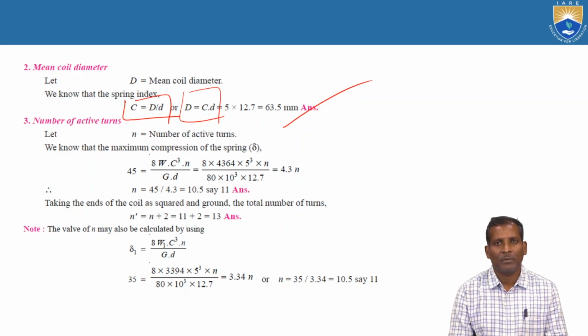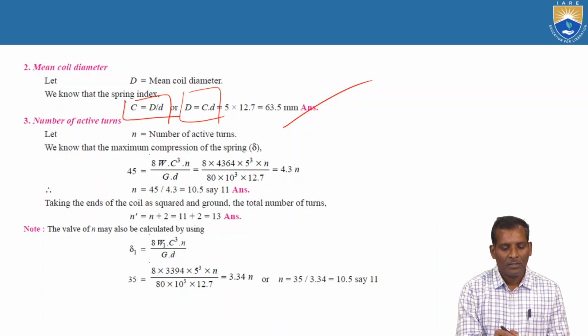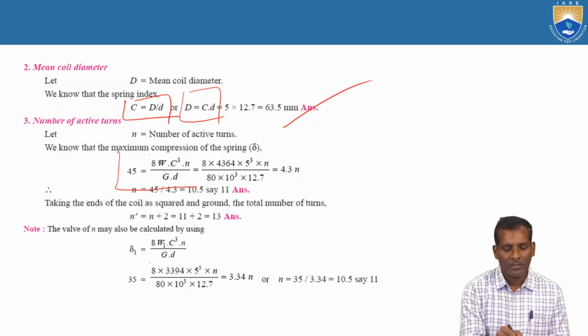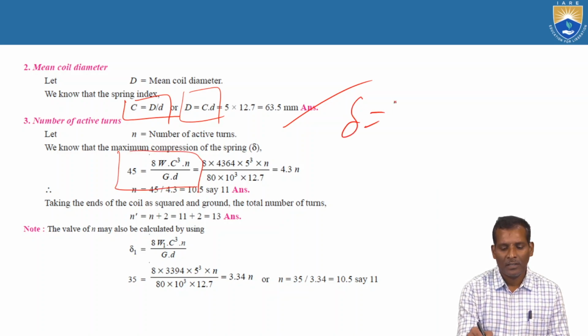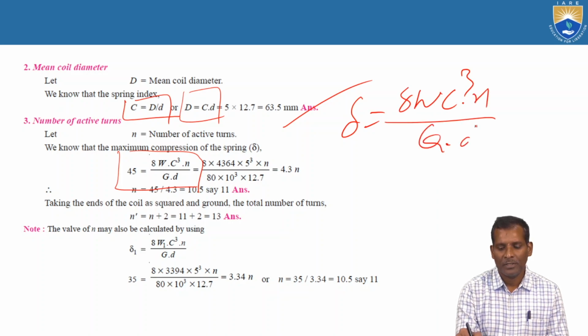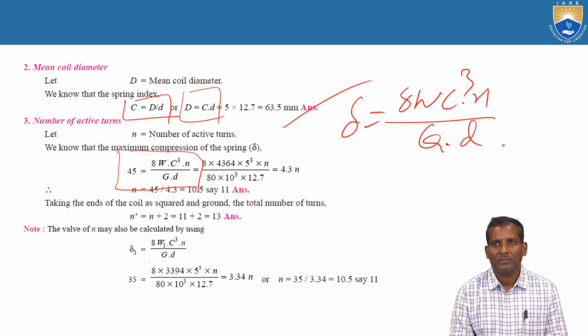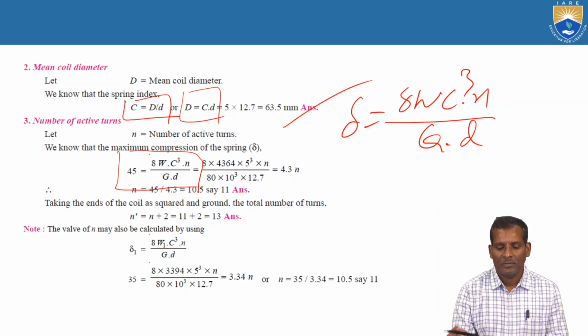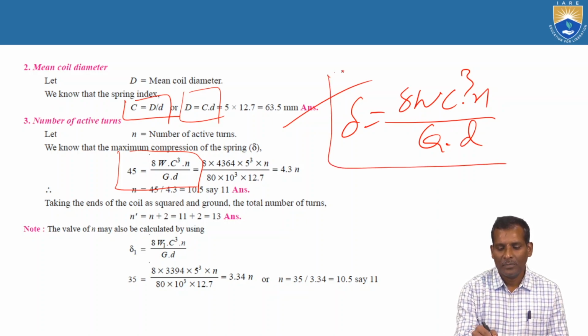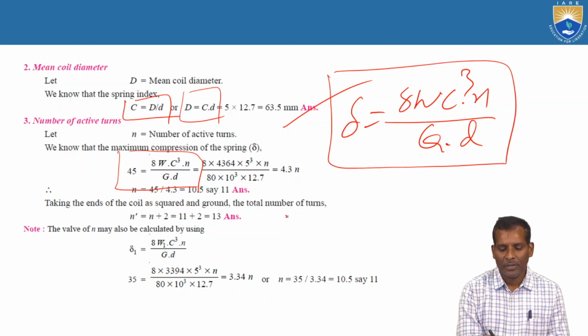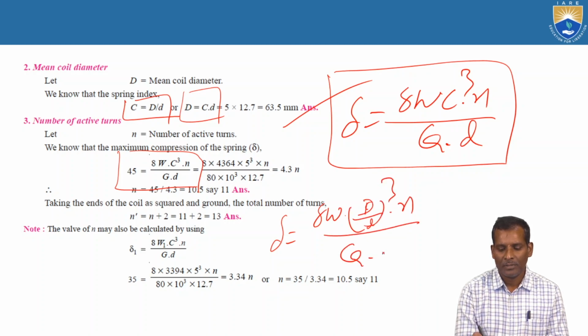Similarly, the number of active turns. Let n be the number of active turns. Using this deflection relation for maximum compression, delta is 8WC cubed n by G into d. Clear? This equation you may write like this also, 8W into capital D upon small d cubed into n by G into d.